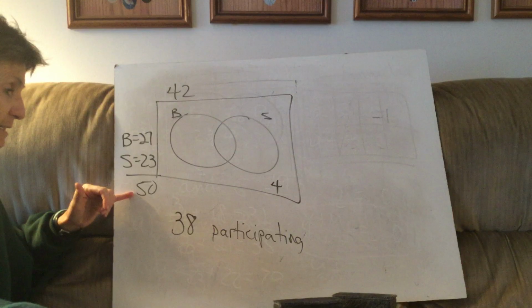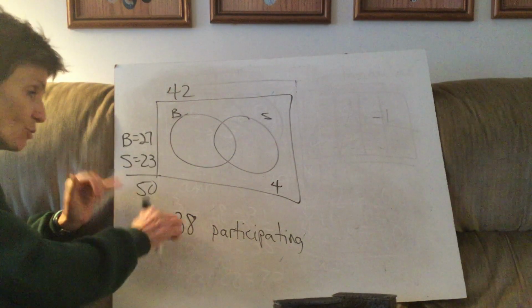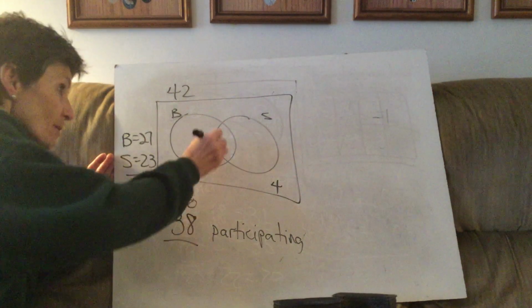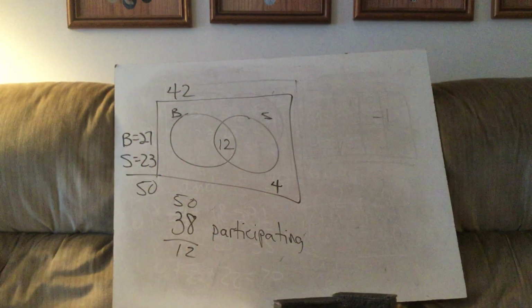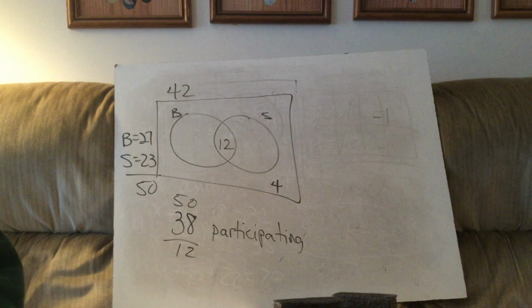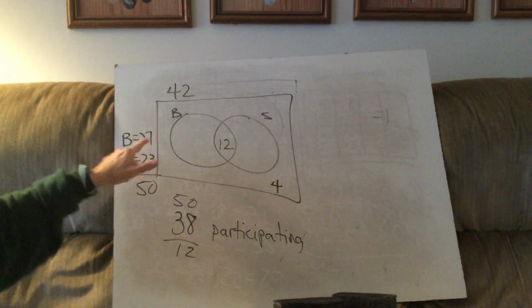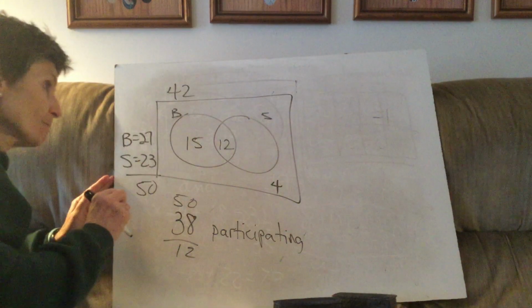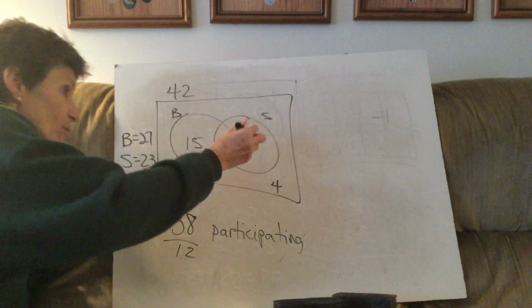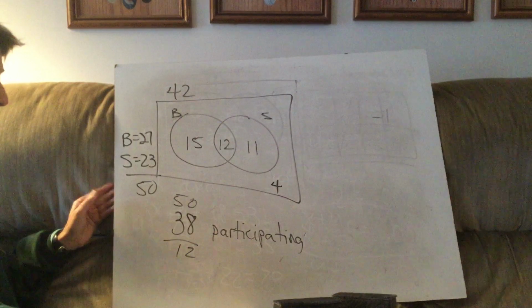So if there are 50 activities but only 38 kids doing it, there are 12 that must be overlapping. And since the whole B-ball is 27, if 12 of them are there, there have to be 15 here. And the whole S-ball is 23, there must be 11 of them here.